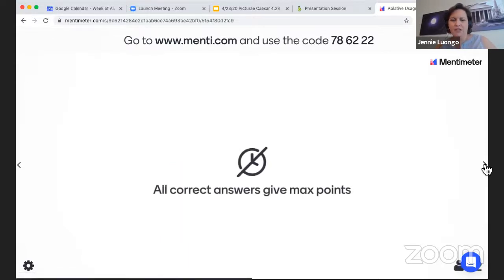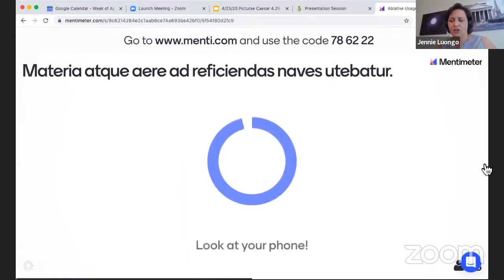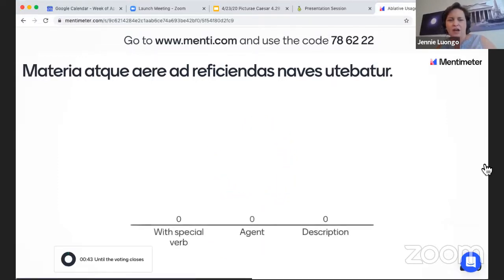All right, let's take a look at this next one. So far, they're doing really well. They must have been really diligent about paying attention to yesterday's live stream. So, materia atque aere ad reficiendas naves utebatur. So again, there's a keyword here.